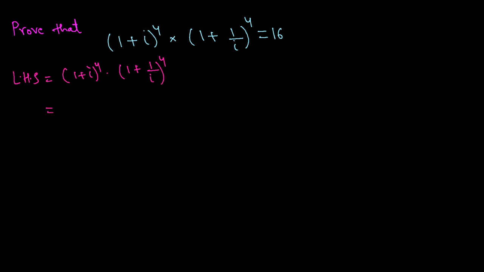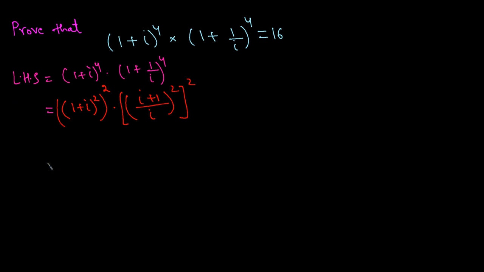So what I'm going to do over here, I'm going to write it as 1 plus iota square and then whole square. That way I can solve this and then square it. Same thing here, but before that I need to find a common denominator. So this is going to be iota plus 1 square and whole square.